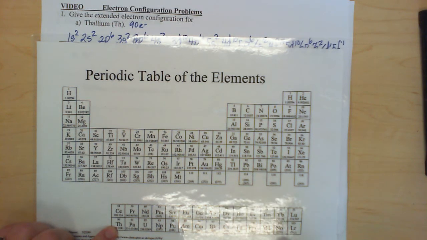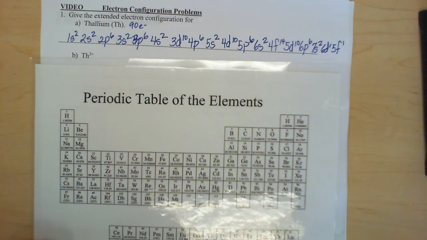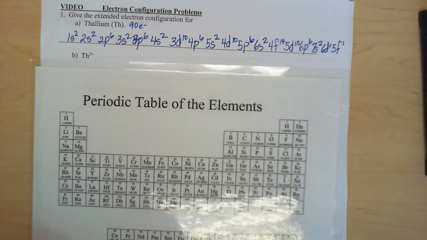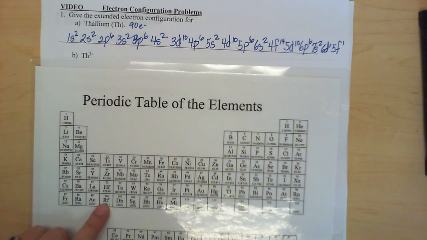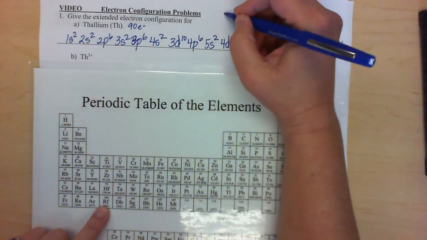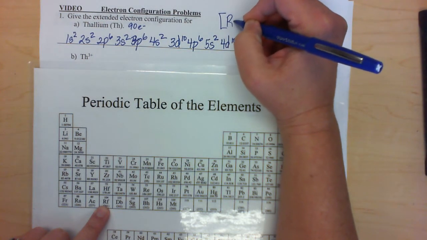Now, if we look at it, we wanted the extended, but we can do the shorthand. If we look at 90, 90 is right here, so the nearest we have is the radon core.